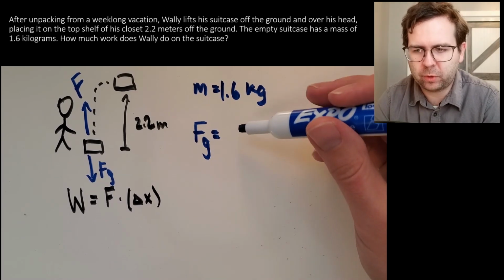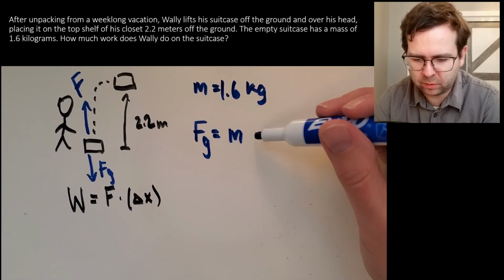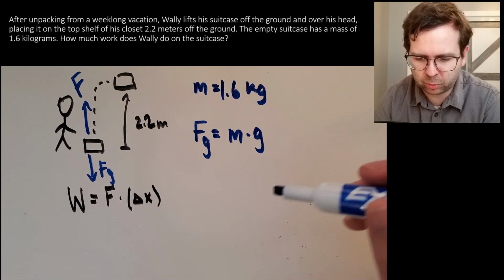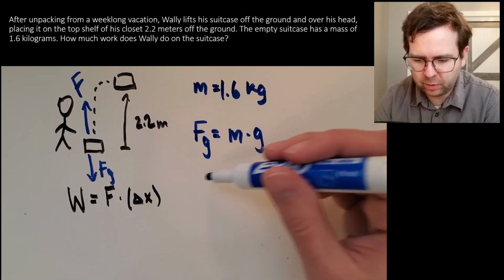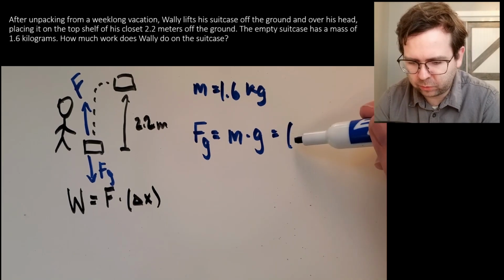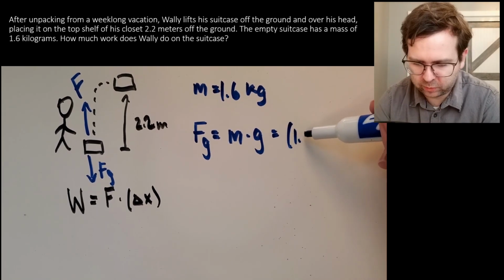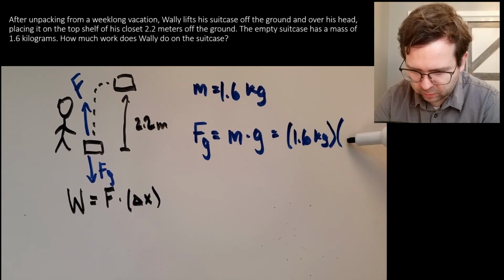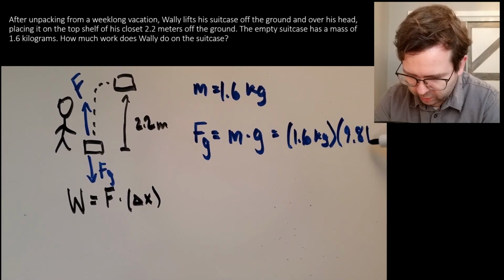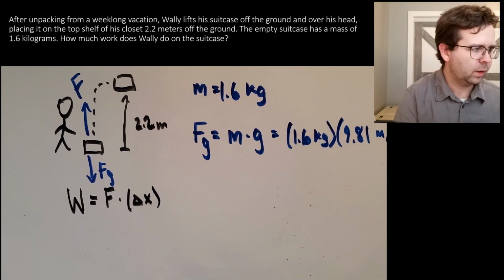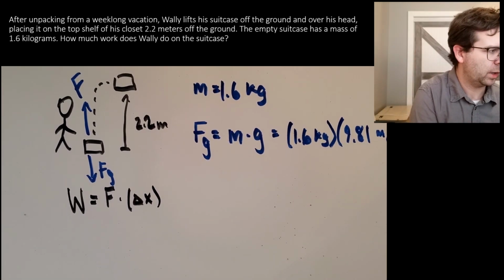So the weight of the suitcase is the mass times the acceleration due to gravity, 9.81 meters per second squared. So I'll just solve this over here. The mass is 1.6 kilograms, and the acceleration due to gravity, 9.81 meters per second squared. We're not really concerned about positive or negative right now.